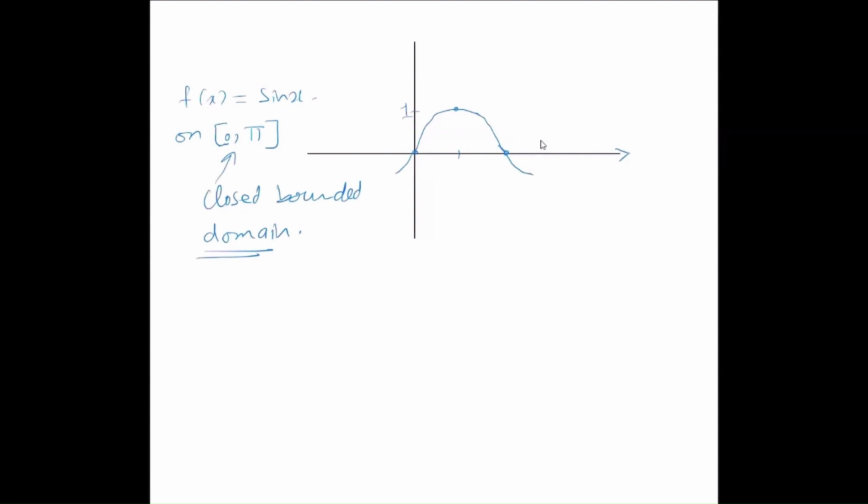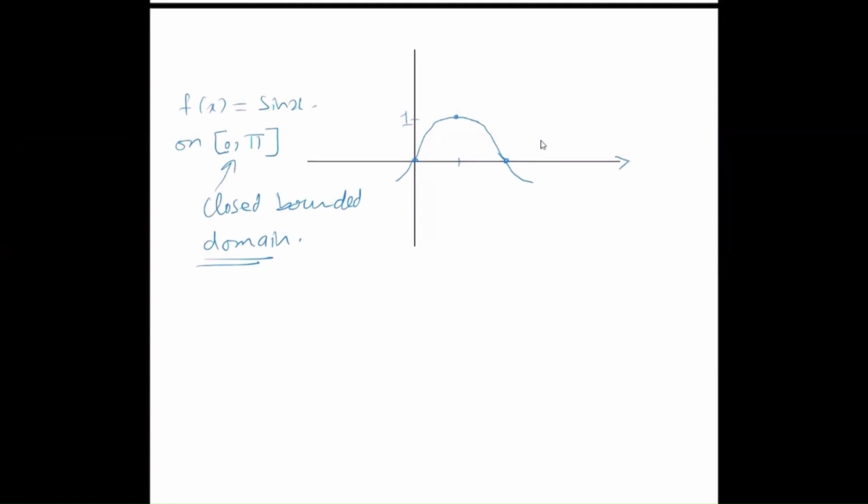What is the maximum here? This is pi over 2. This is x equals 0, x equals pi here. I'm looking at this part of the curve only. Okay.